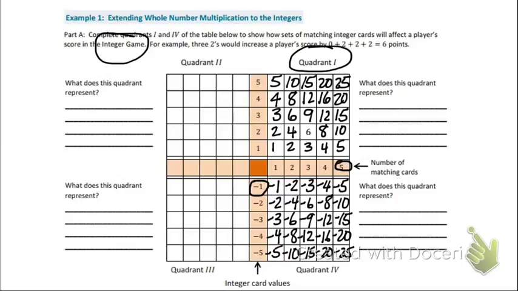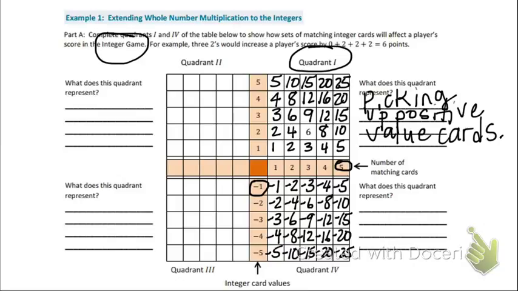It represents, like I had just mentioned, picking up or drawing positive value cards. So if you're in the integer game, you are drawing positive, and in this case, like right here, you would be drawing 2 integer 2 cards. Two cards is going to give you a value of 4.